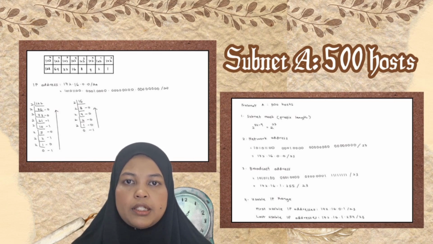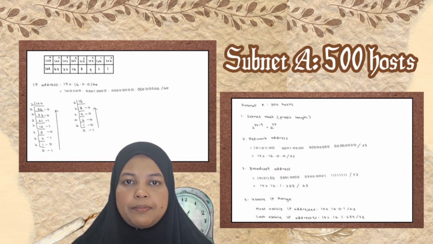After we get the network address and also the broadcast address, we can find the usable IP range, which is the first usable IP address and the last usable IP address. The first usable IP address is the first IP address after the network address. So to find the first usable, we take the network address and plus 1. So we get 172.16.0.0/23.